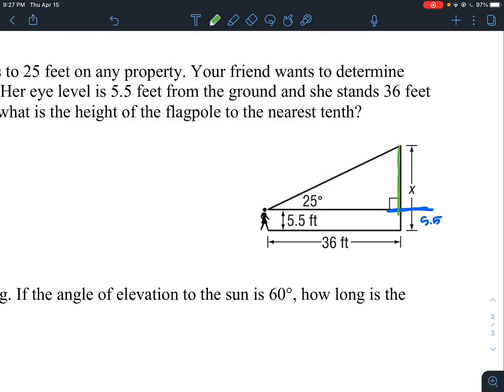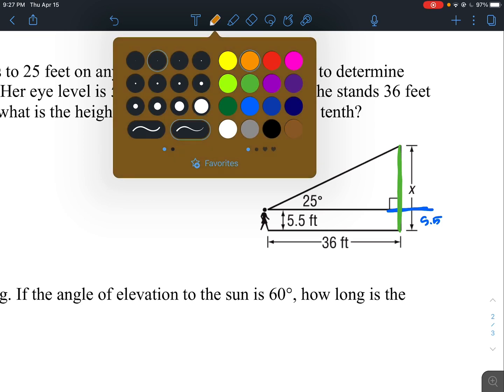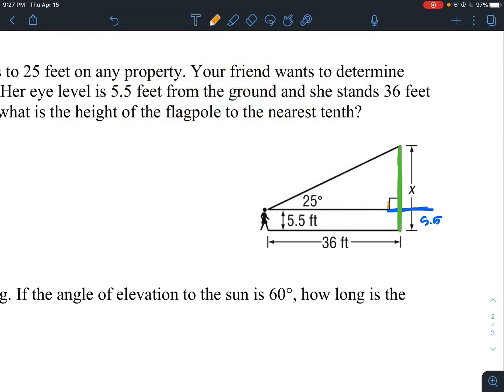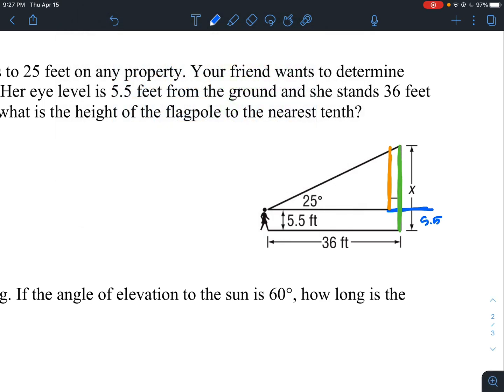so this is x, right? I'll say x is my green distance, and then my distance from her eyesight to the top of the flagpole is the orange one. Now, whenever I set up my trigonometric ratio, I'm going to want to use a tangent ratio.